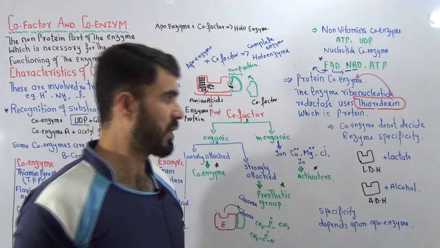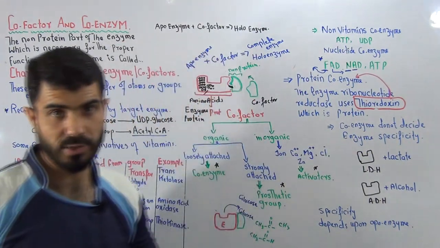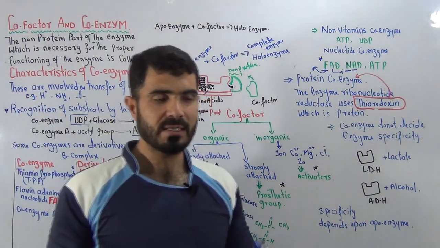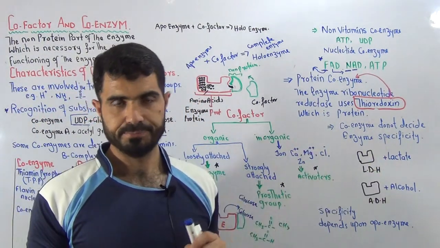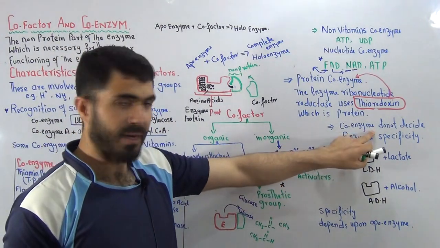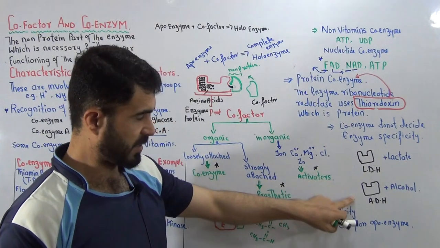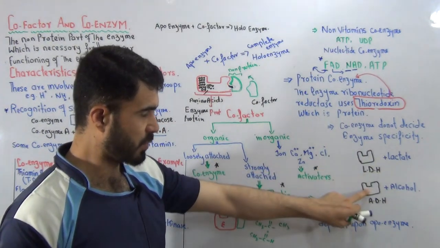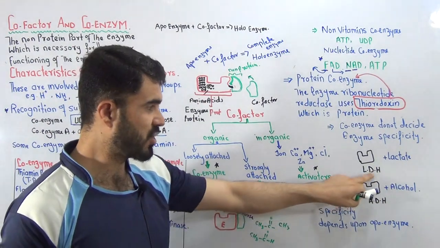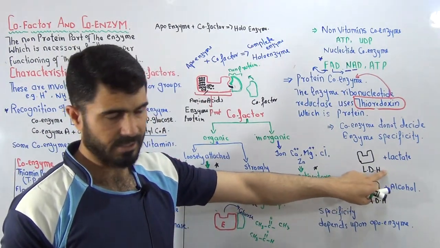Next point is that coenzymes do not decide enzyme specificity. Last point. Enzyme specificity means one enzyme can perform only one reaction. This is called enzyme specificity. In order to get this idea, I have mentioned two examples here. This is enzyme 1, enzyme 2. This enzyme is LDH, lactate dehydrogenase.